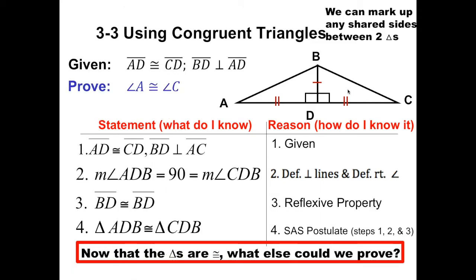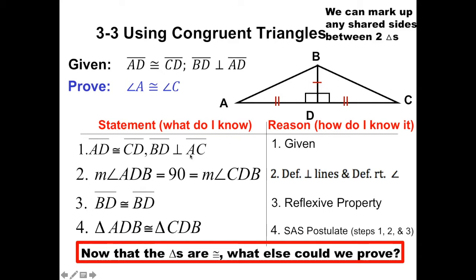What if I wanted to say this? What if I wanted to prove that, well, angle A is congruent to angle C? In fact, pretend we did all this stuff here. What would you do to prove that angle A is congruent to angle C? Well, you might think, if I just could get this triangle congruent to that triangle, then I would be able to say angle A is congruent to angle C because they're corresponding parts of the 2 triangles I just proved are congruent, okay?